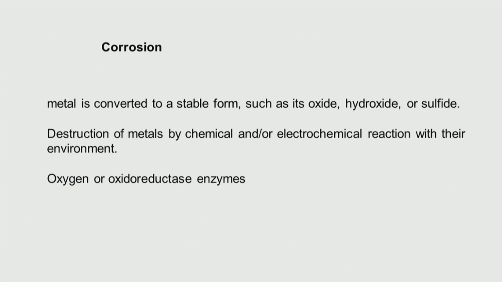Corrosion, that is a very big problem in metals. Corrosion, unlike polymers, metals face this because of oxidation. So the oxides of metals are formed, hydroxides of metal form, or sulfides of metal form. So there could be chemical reaction, there could be electrochemical reaction with the environment, reaction because of oxygen, because of enzymes that are present in the body, oxidoreductase.